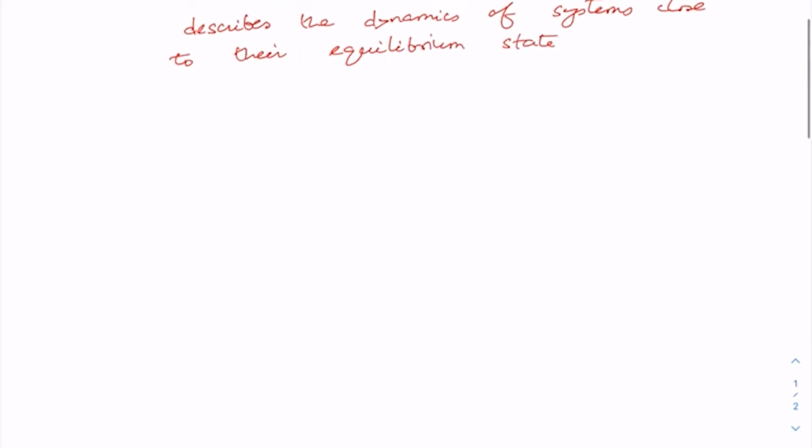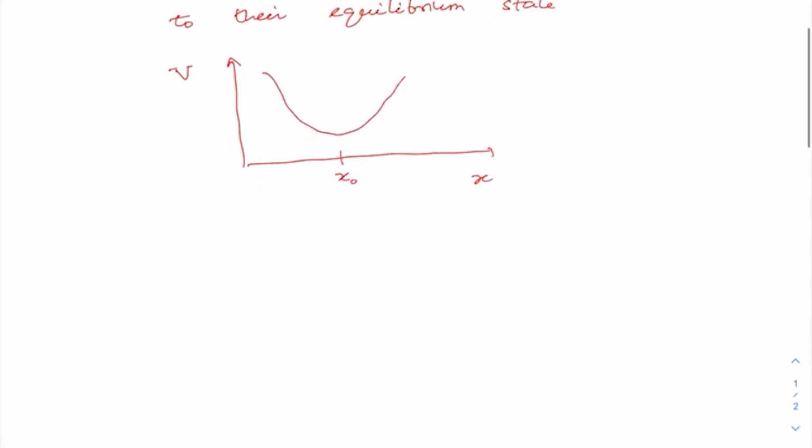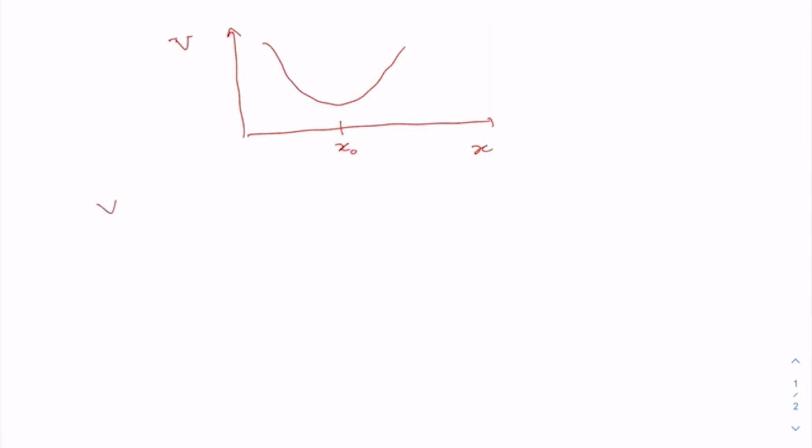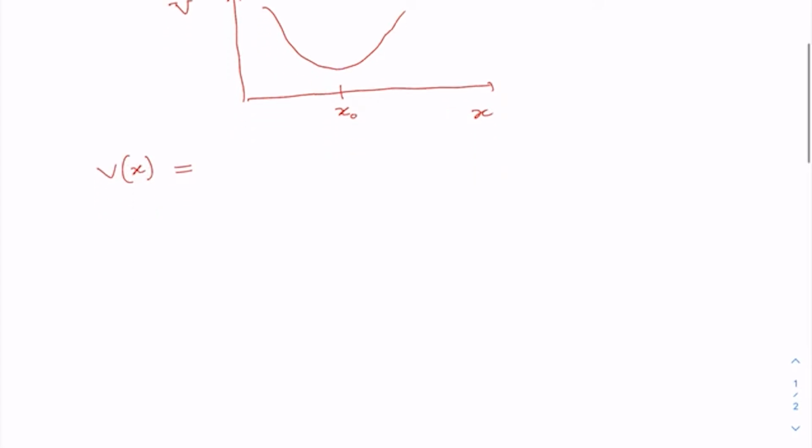Say, consider a potential energy function V of x. Let me plot it. Suppose this potential function V as a function of x has a minimum at some position, say x0. Then we can expand this one-dimensional potential function V of x into a Taylor series.